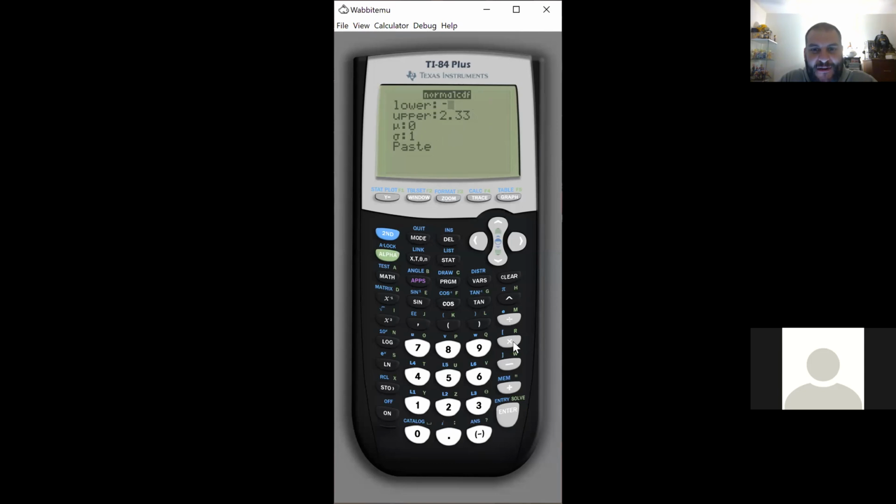If you use the negative below the x, it's going to mark it as a syntax error. 1.3. Then you do the upper bound. Upper bound should be 10 to the 10 power. And lastly, mu and sigma is 0 and 1, so we'll leave it blank. So you get 0.9032.